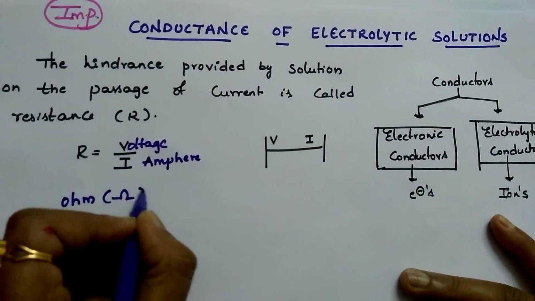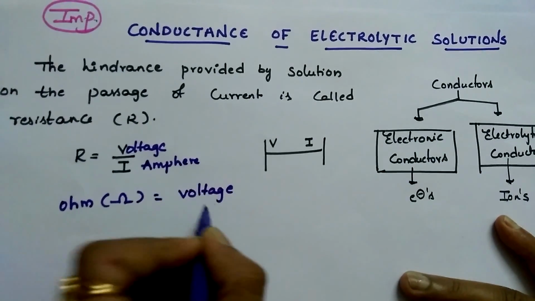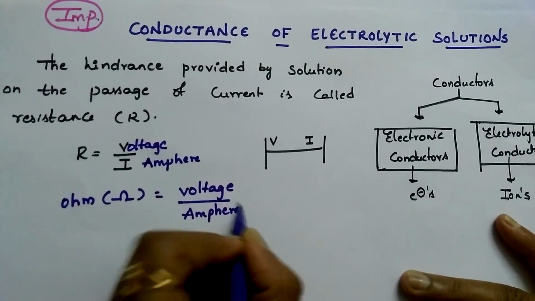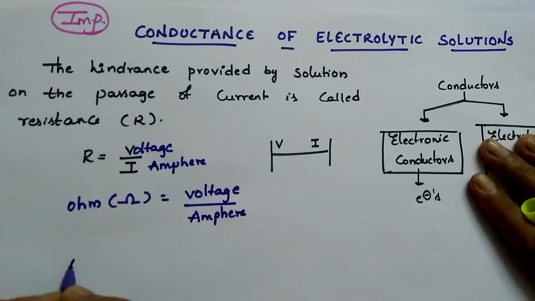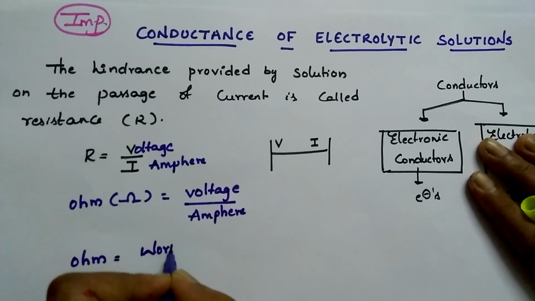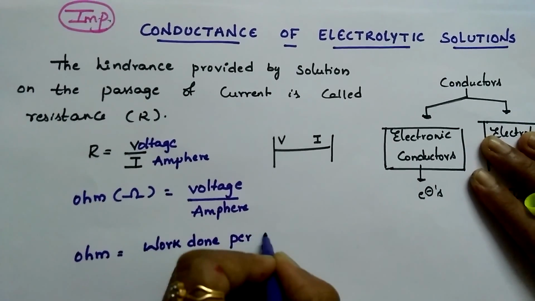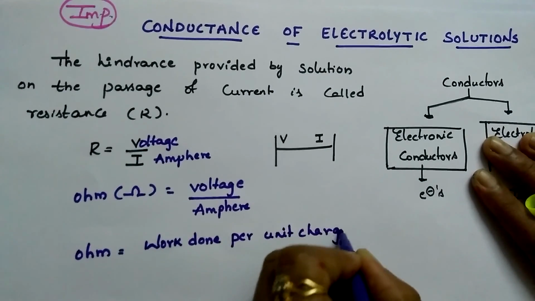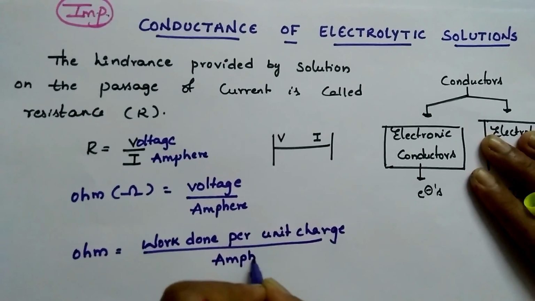Ohm is equal to volt by ampere. Voltage is nothing but work done per unit charge. So ohm is equal to work done per unit charge by ampere.